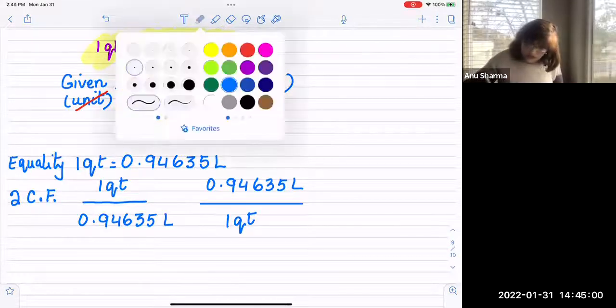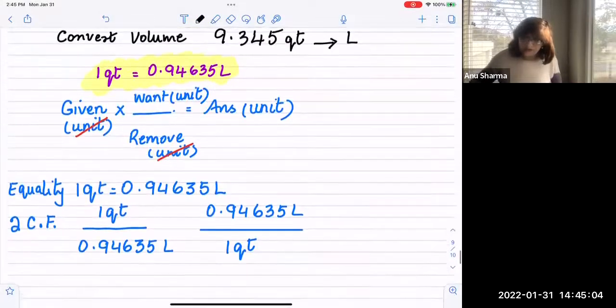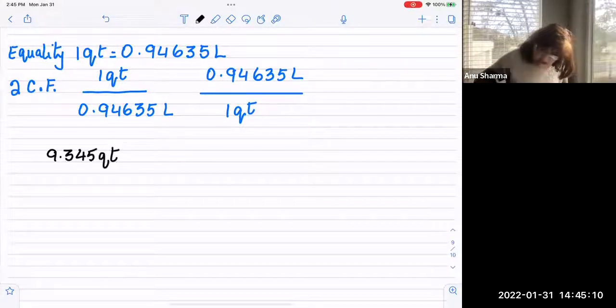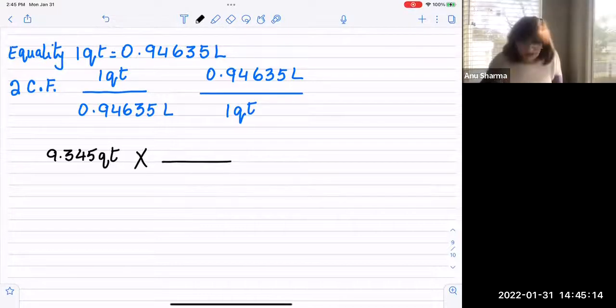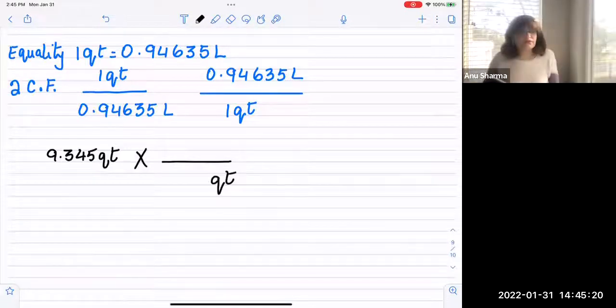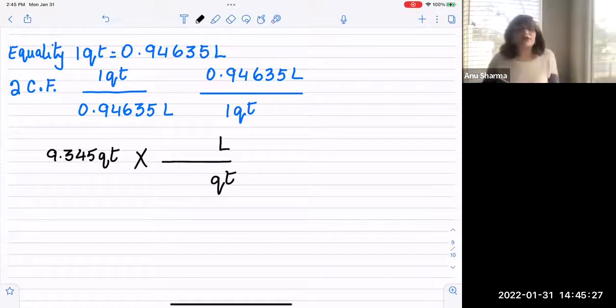Now we are going to write down our given. The given is 9.345 quarts. So write this down here: 9.345 quarts times, now comes the conversion factor. In this case, we need to get rid of the quarts, so you take the one that has the quarts in the denominator, and you need to convert to liters, so the liters will remain on the top.